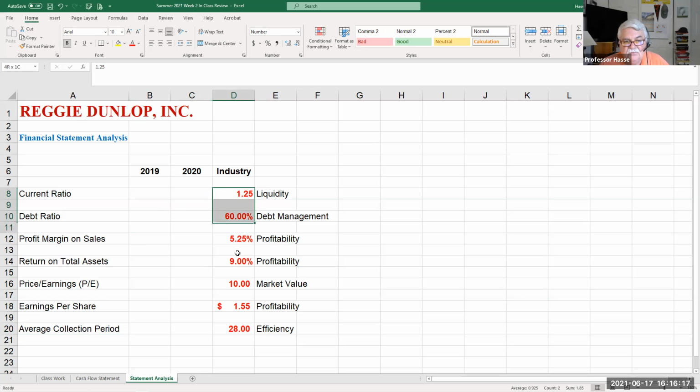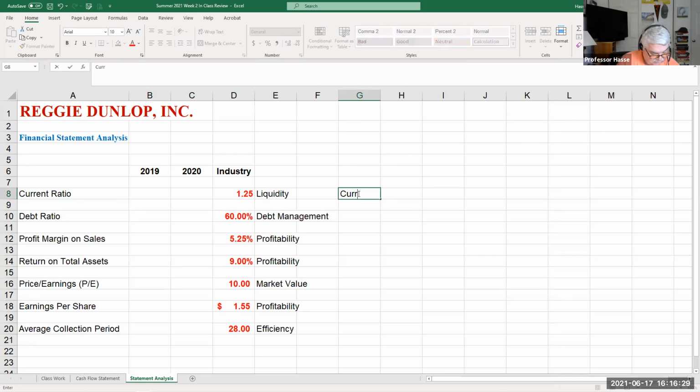Here is the industry averages for this company in their industry, what their competitors are at these levels. So the current ratio, the definition of current ratio is current assets divided by current liabilities.